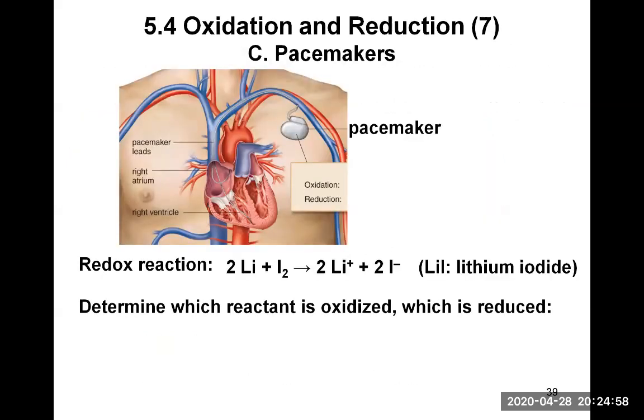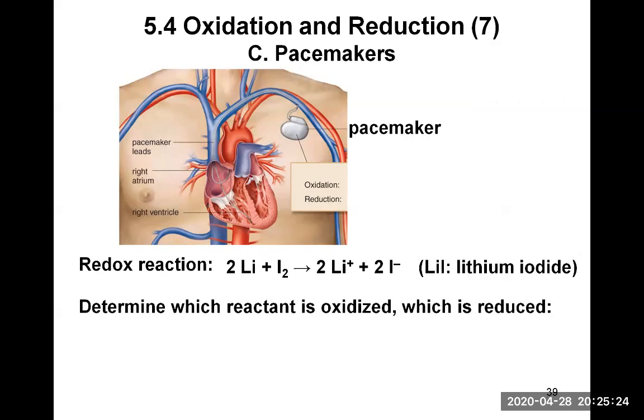Another useful benefit of using oxidation reduction are pacemakers, for example. Pacemakers are used to send an electrical impulse to the heart so that it will trigger the heart to beat. And so this can be life-saving.